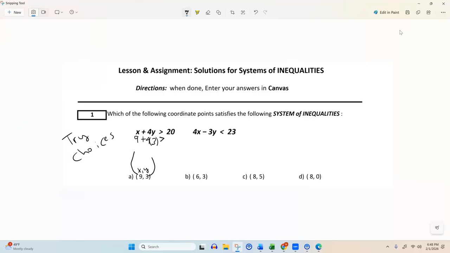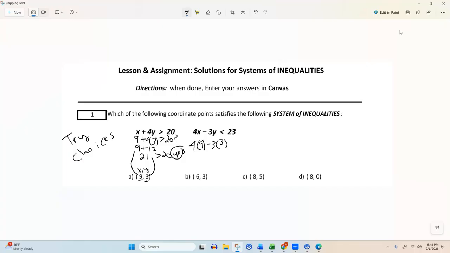Is that greater than 20 is the first thing. Well, this is 9 plus 12. That is 21, so that is greater than 20. So that is yes for this. That means maybe it's A, but we also have to make sure that it fits this one. Here we're going to go 4 times the x, which is the 9, minus 3 times the y, which is the 3.